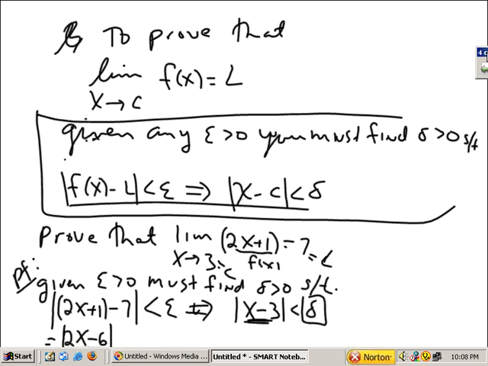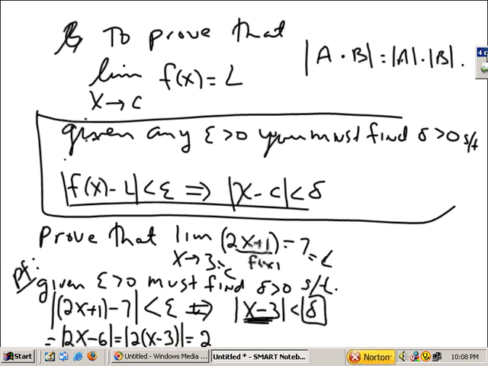Well, I can factor out 2. In fact, there's a theorem that says the absolute value of A times B is the absolute value of A times the absolute value of B. So this is equal to the absolute value of 2, which is 2, times the absolute value of x minus 3. And I'm claiming that this is less than epsilon.